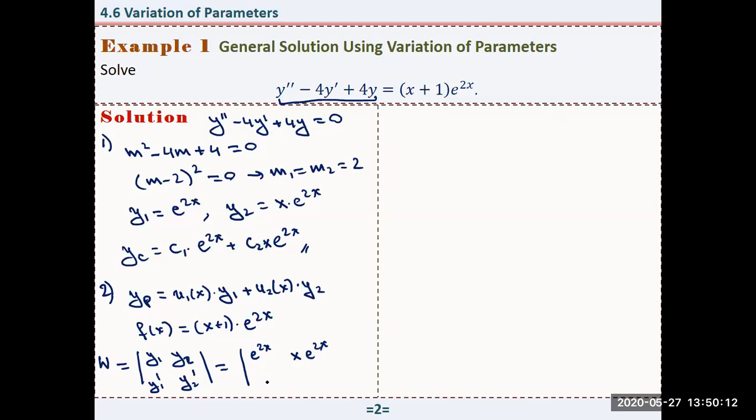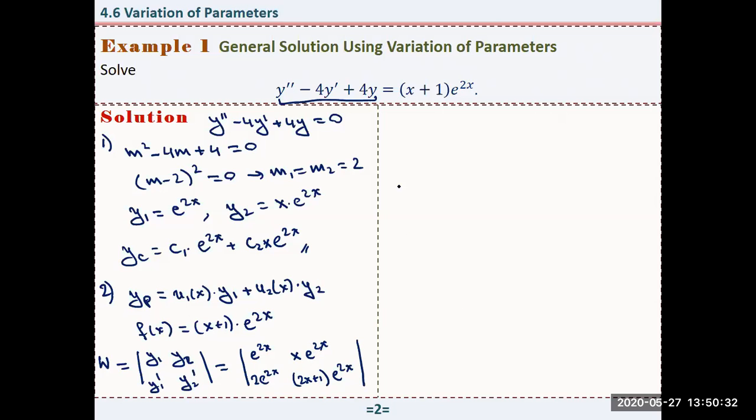And if you differentiate this, we get here 2 times e to the power 2x. And if you differentiate this one, first differentiate e to the power 2x plus x times 2 times e to the power 2x. So here we have 2x plus 1 times e to the power 2x.